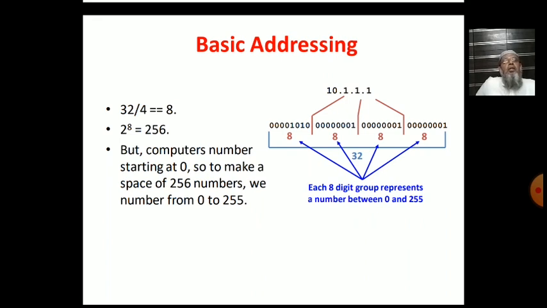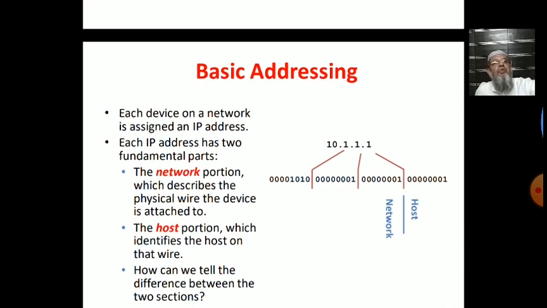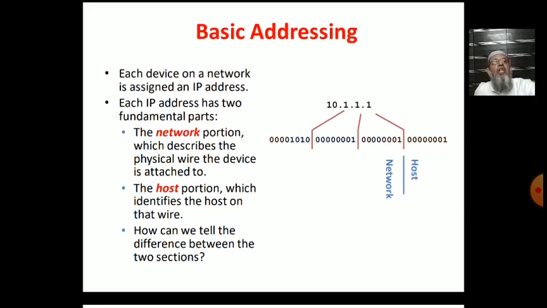You have studied in digital techniques that 8 bits can represent 256 values, 2 raised to 8, that is 256. But the computer starts the numbering from 0, so it's 0 to 255. All 256 numbers can be represented, but from 0 to 255. That's why the maximum value is 255 and the minimum value is 0.